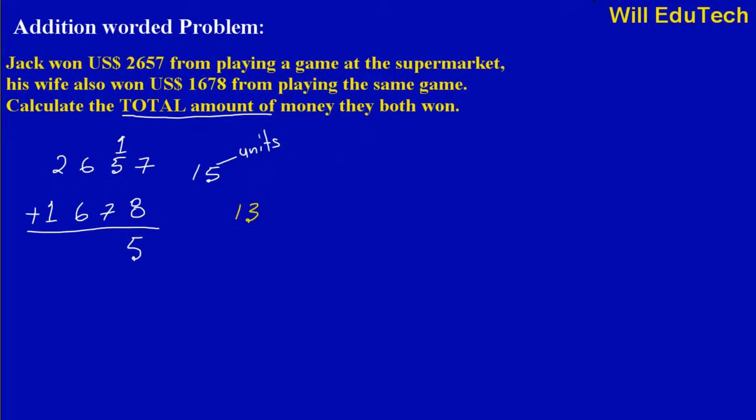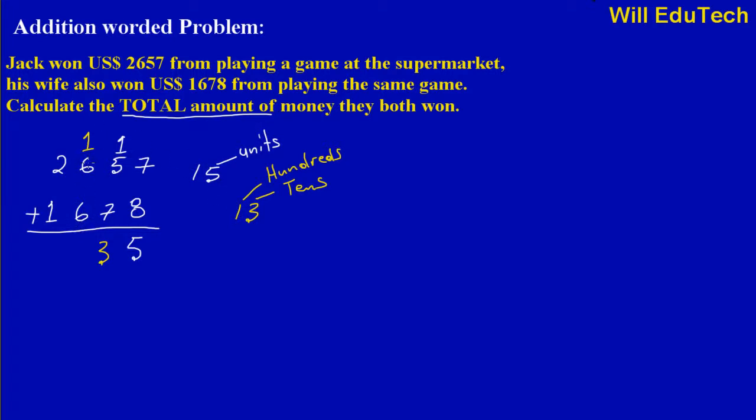So this 3 here would go in my tens column, and let me place it there. So that 3 would go there since I'm in my tens, and the 1 would go in my hundreds column, so I would have to carry that over there. So remember, the one at the front, we're always carrying that one.